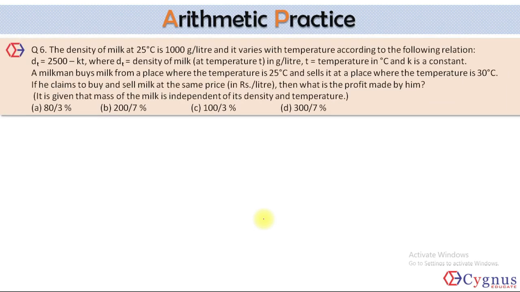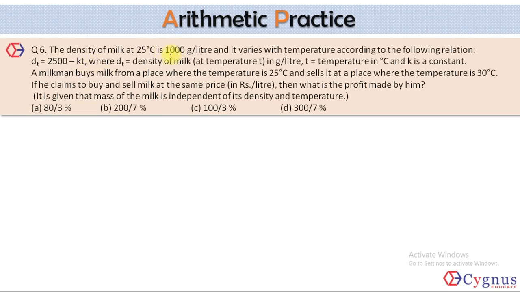Now what's the next one? Density of the milk at 25 degrees centigrade is 1000 grams per liter, and it varies with the temperature according to the following relation: d(t) is 2500 minus k into t, where k is a constant and t is the temperature.